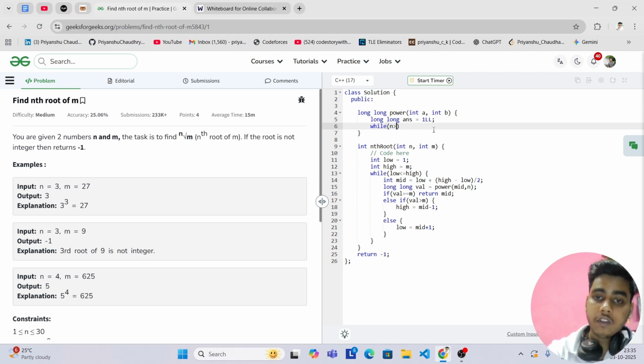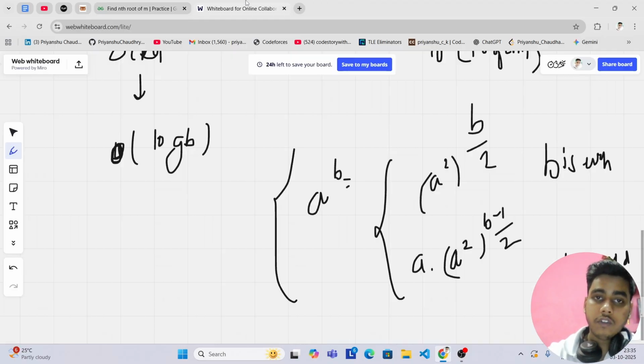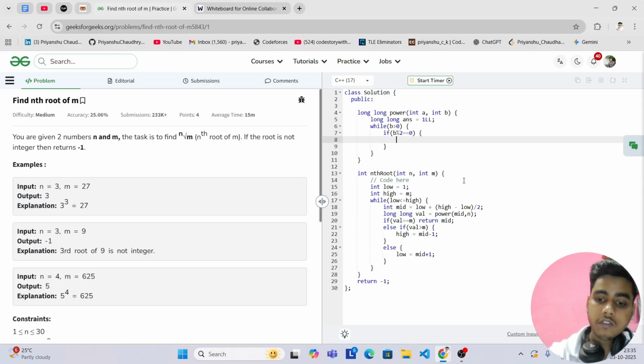So I will go while b is greater than 0. So first of all I will check if b is even. If b is even, what I have to do is just divide this b by 2.